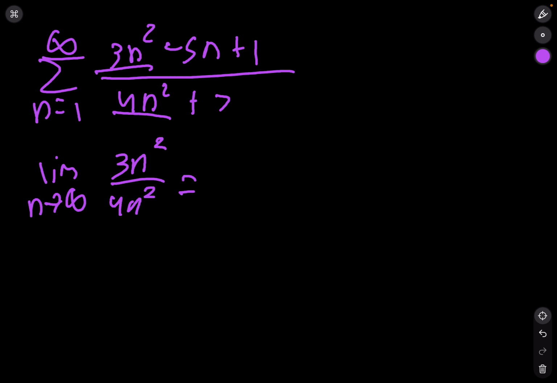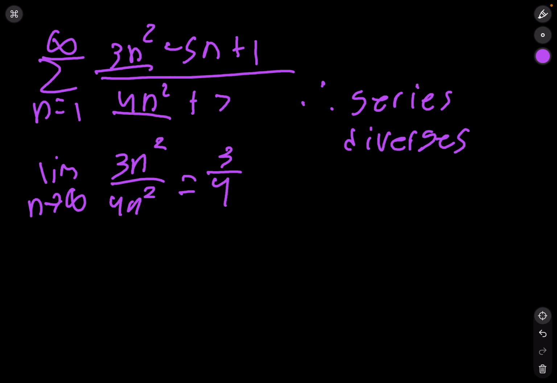So the limit as n approaches infinity of this sequence is 3 over 4. Therefore, the series diverges. So it's just as simple as that. Nothing too complicated yet, nothing that crazy.